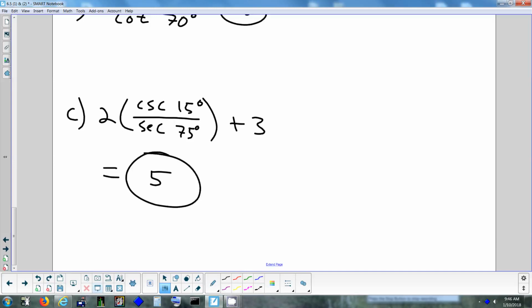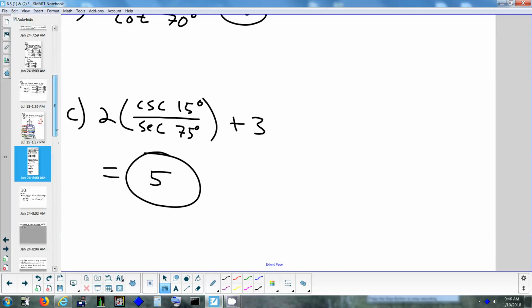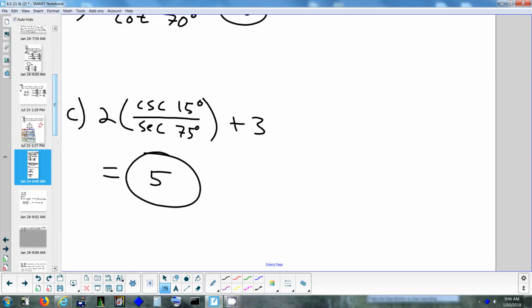The whole trick is not to try to figure out what the cosecant of 15 is. You're not going to be able to figure that out in your head. But the point is that the cosecant of 15 divided by the secant of 75 basically cancels out and becomes 1. So you're left with 2 times 1 plus 3. Okay, so these kind of problems have to be set up with very specific numbers to make it work. All right, any questions on that?